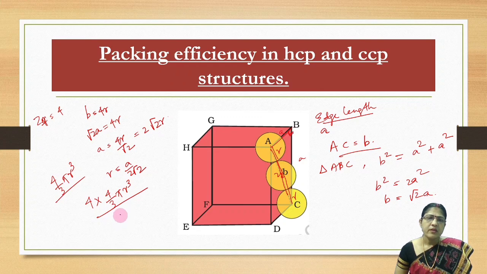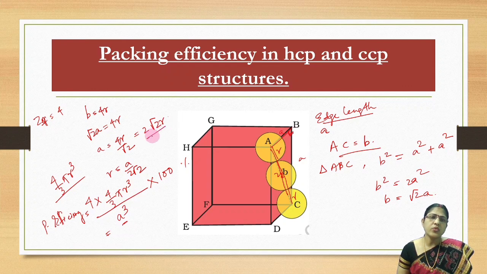Packing efficiency is the volume occupied by 4 spheres divided by total volume of the unit cell, A cube, into 100. It is the formula of packing efficiency. Then A is equal to how much? 2 root 2 R.